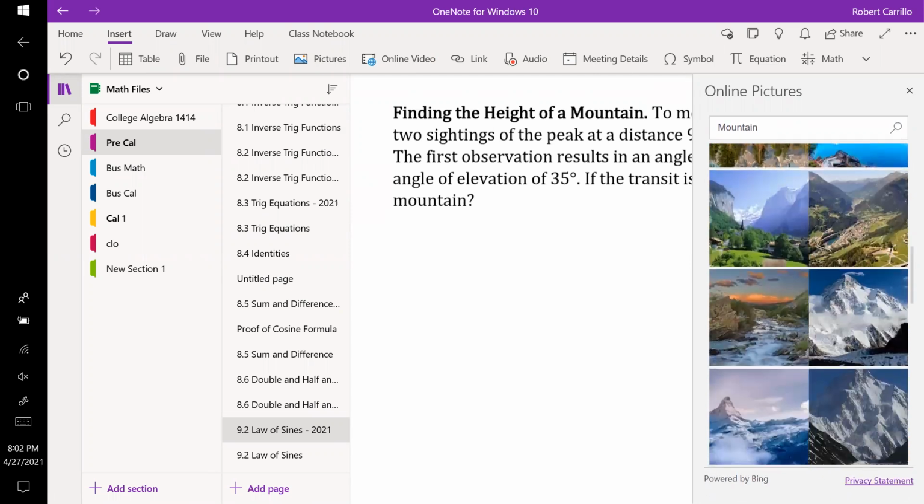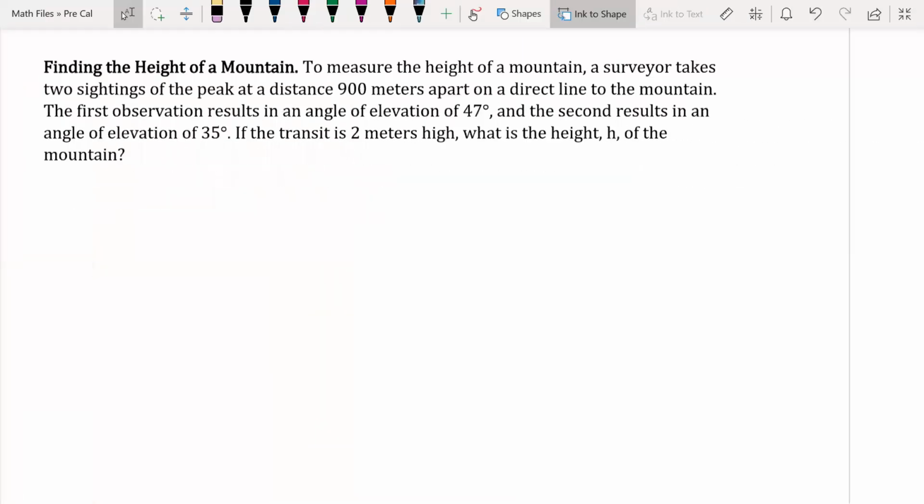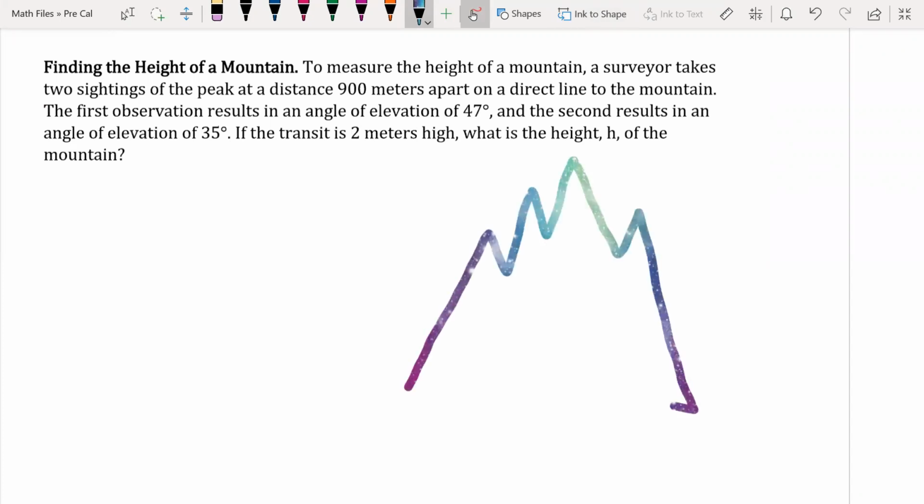Yeah, look at those, they're too complicated, right? My mountain's cooler. It's like the one from Adventure Time. Watch this. It's a great show. There's my mountain.